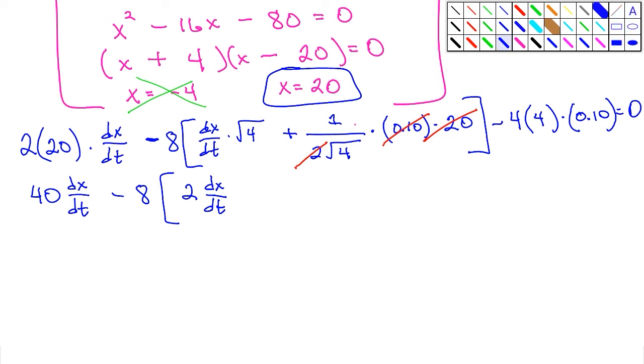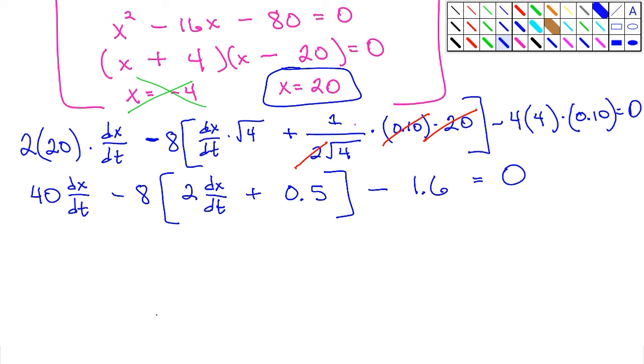And that leaves me with 1/2, which I'm just going to write as 0.5. Because I know we're going to get decimals in this somewhere. Minus 4 times 4 is 16. And so 16 times 0.10 is 0.16. That's equal to 0.